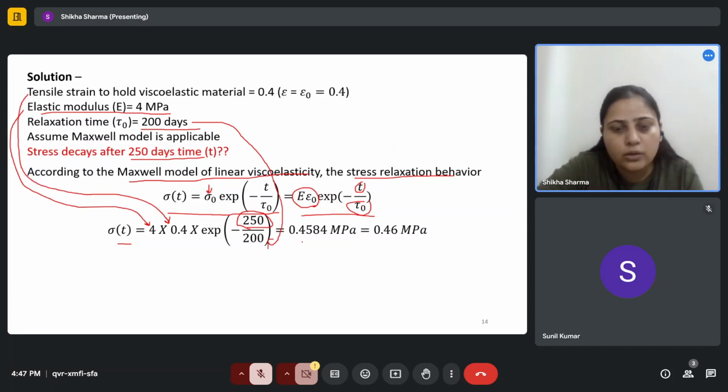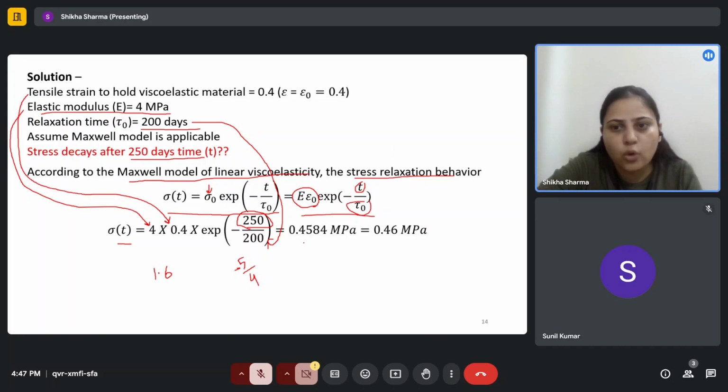Now we can just solve. This is exponential minus 5 by 4. So here it is 4 times 0.4, which is 1.6. So 1.6 into exponential minus 5 by 4.